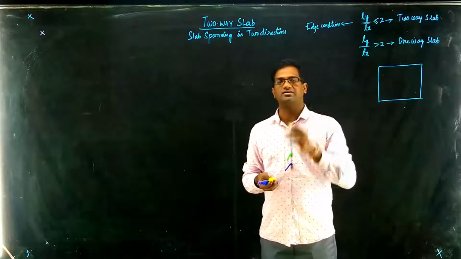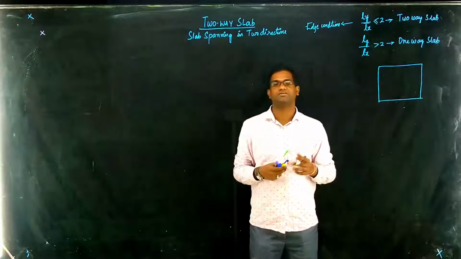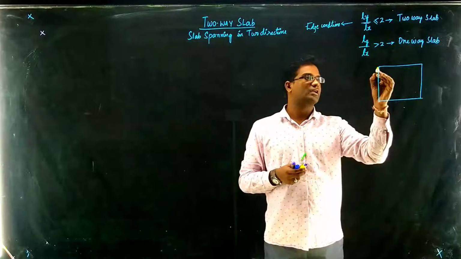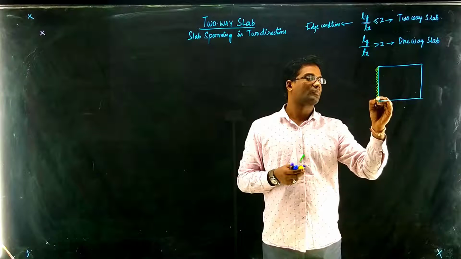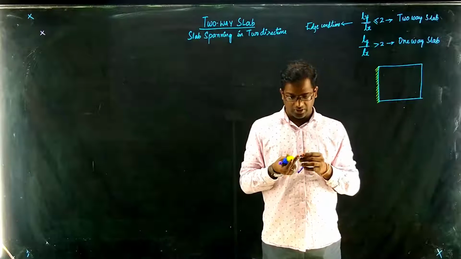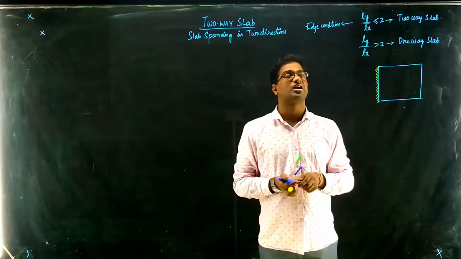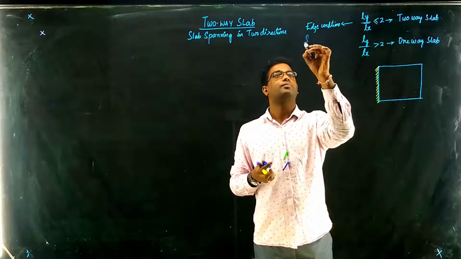Now, in the annexure, it is clearly mentioned how to design a slab which is spanning in two directions.